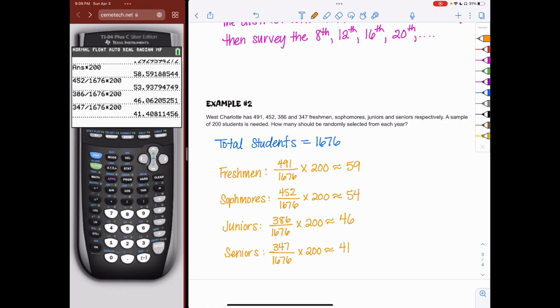So this is how many people I will need from each grade level. And you know that you are right because if you add up all these numbers, 59 plus 54 plus 46 plus 41, we get 200, right?